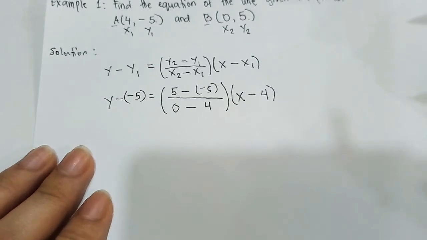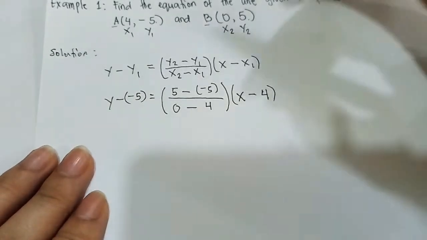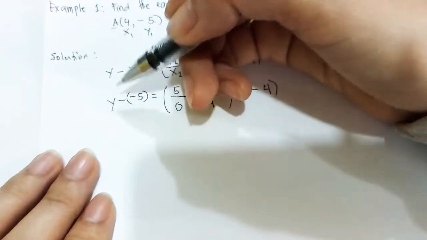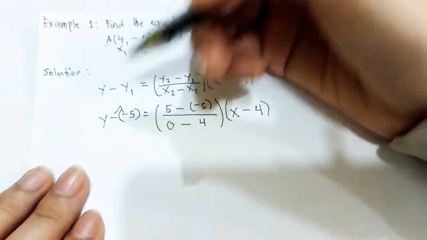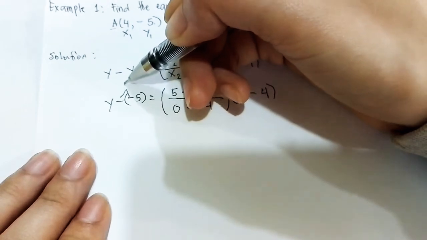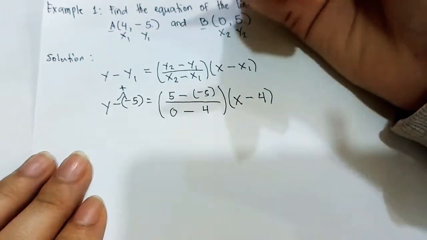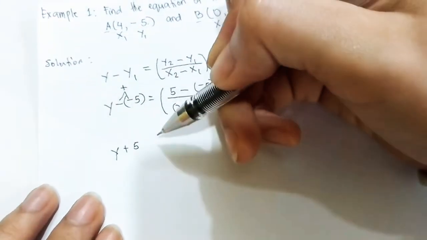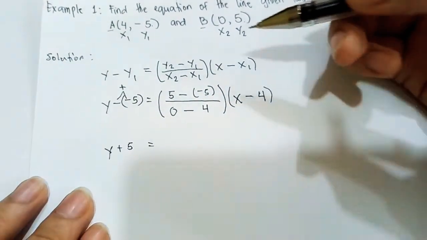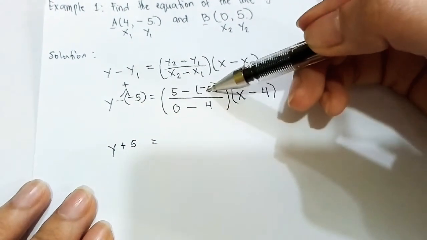Next, we're going to solve the values. So we have y minus negative 5. If we have two negatives, the operation will become plus. So we now have y plus 5 equals 5 minus negative 5.